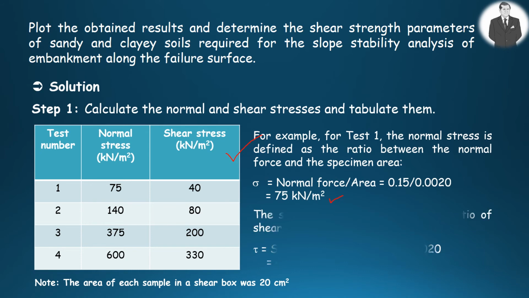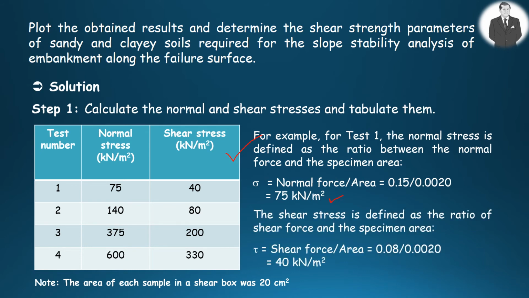Similarly, the shear stress is defined as the ratio of the shear force and the soil specimen area, which is equal to 40 kilonewton per square meter. The same procedure is carried out for the calculation of normal and shear stresses for each test.